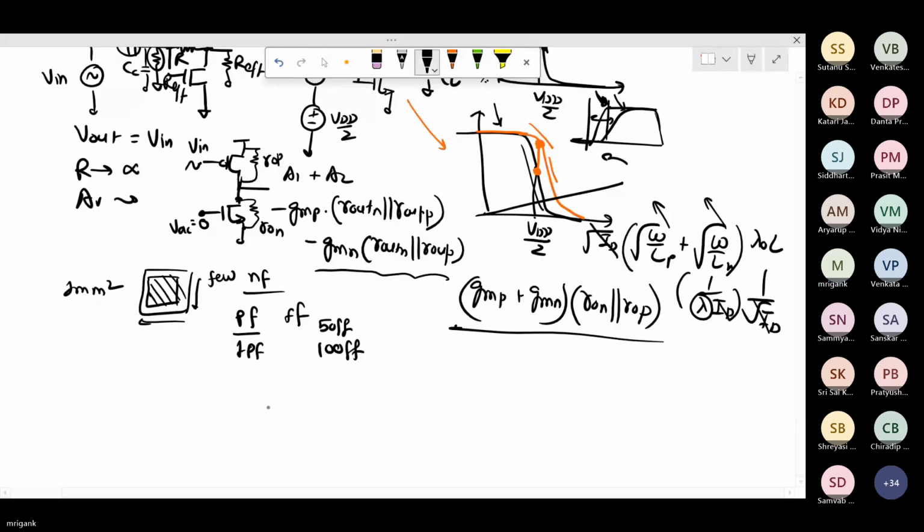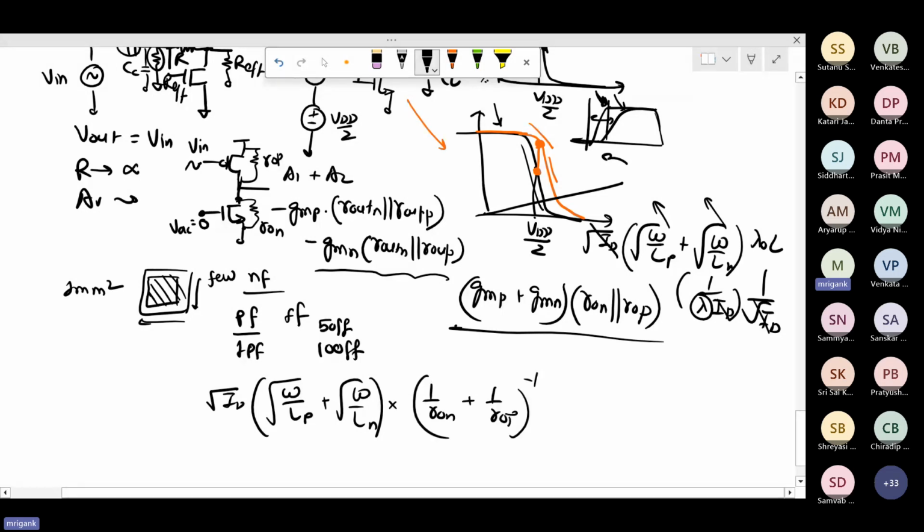Here, first thing is you have the GM dependent upon root under ID, and the two W by L are coming. And then you have the RON parallel ROP, which is something like 1 upon RON plus 1 upon ROP, inverse.